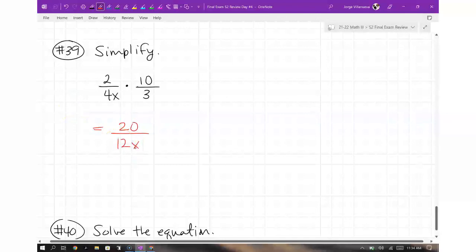What number reduces 20 and 12? A 2 does, but a 4 does even better, right? There's nothing wrong with the 2. It will reduce it, but you're going to have to reduce it again. But if you do a 4, you only got to reduce it once. So 20 divided by 4 is 5, and 12 divided by 4 is 3. So here's your answer, 5 over 3x.